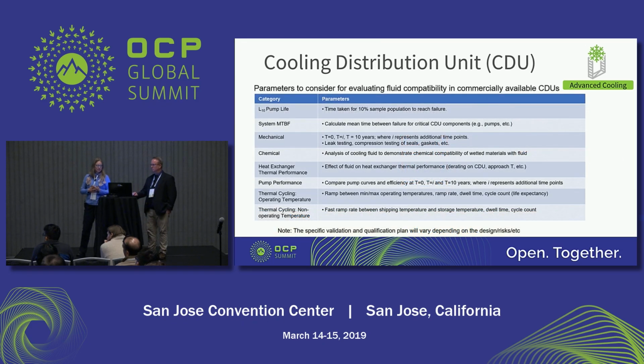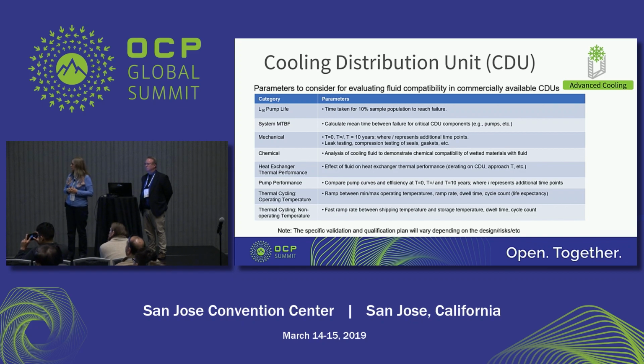So what we've done here for CDUs is really look at what the parameters of importance are. What are the parameters that you need to consider, right? So this is, of course, in comparison to your specific installation, to the specific cooling fluid that you're using as well.